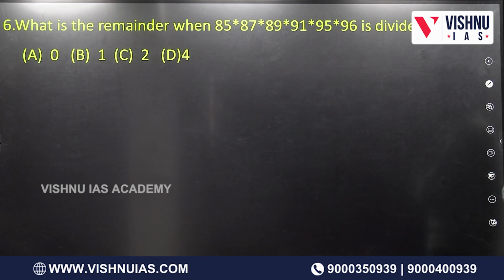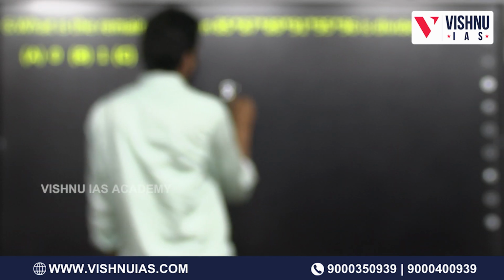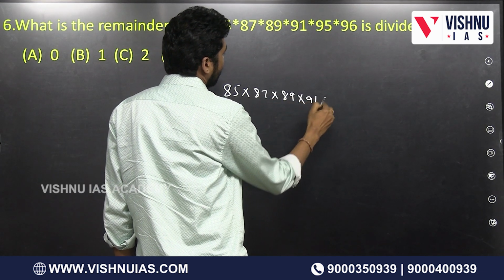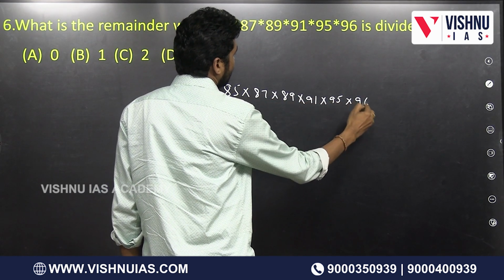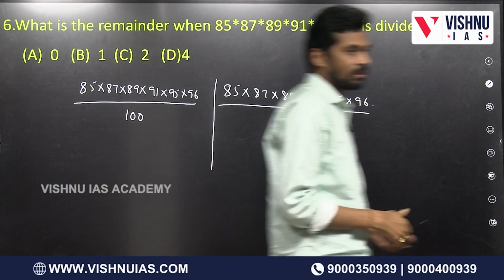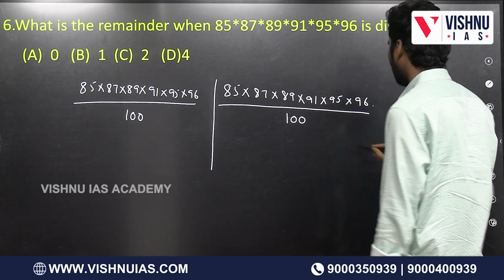And by the way, now you tell me, this similar problem we did, right? 85 into 87, 89, 91, 95, 96. What is the remainder we'll get? I told you 2 logics in the last classes. One is you can cut these numbers if there is anything we can cut.